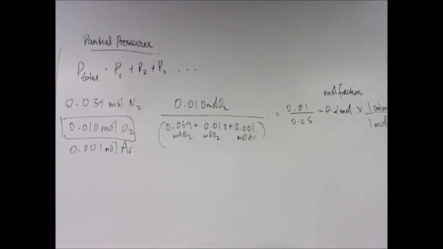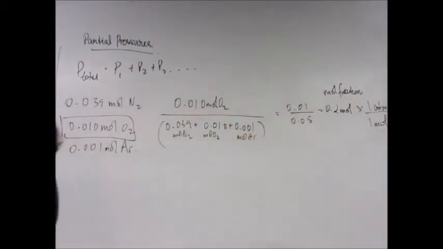Whenever you have STPs, your calculations become a lot easier. You don't have to think too much about a lot of numbers. So that's how you would calculate the partial pressure of one of the gases. You can do the same for nitrogen and argon and everything. So that's how it works.